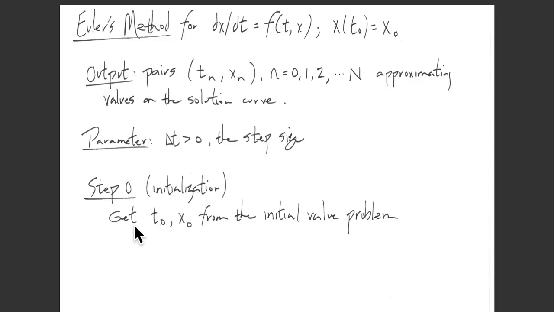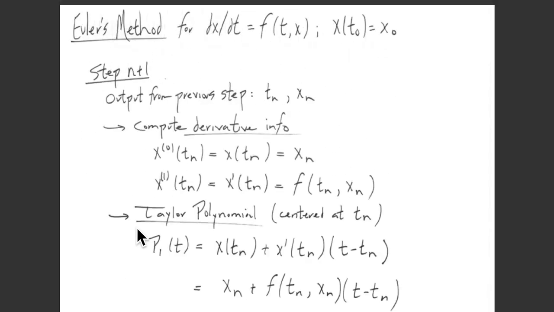And then once you have the t comma x pair from a given step, you're ready to go to the next step. I'm calling that step n plus 1. But remember, you'll have in hand the t and the x value you got from the previous step in order to generate your next t and x values.